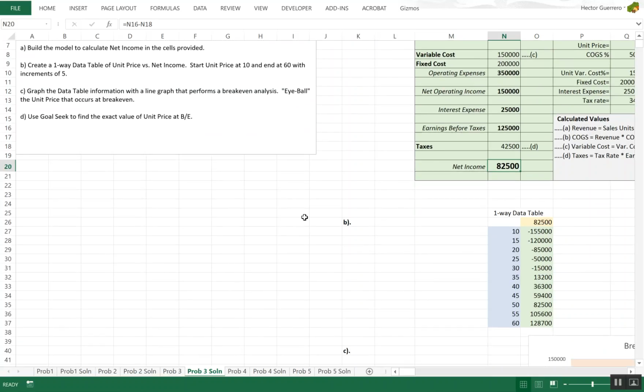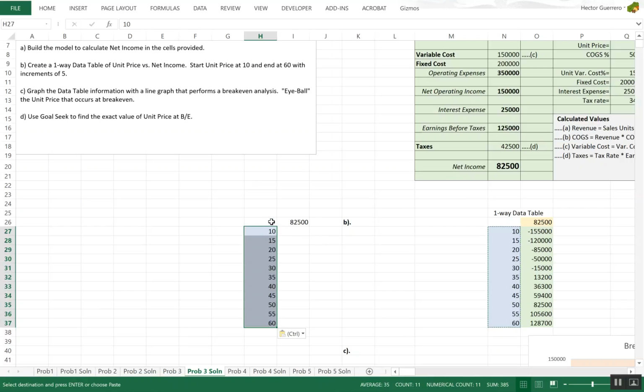So how do we get this one-way table? Well, I'll do it over here to show you what we've done, but it's fairly easy. First of all, I need my golden formula. In this cell, I need the values of the variable that I want to vary for the purposes of calculating net income. I grab the entire area.